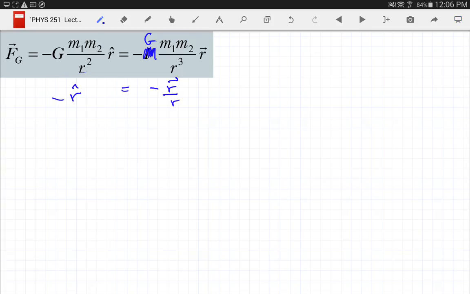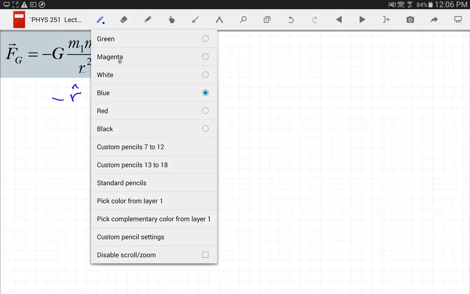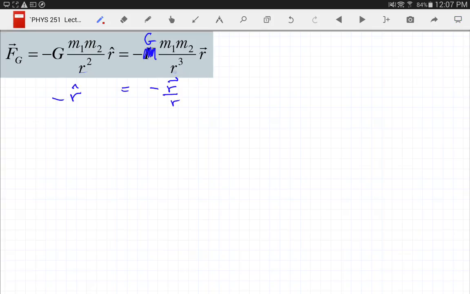We prefer it because we can see it's inversely proportional to the separation squared. If you look at the one on the right, you might forget that it has an r on top and think that it's inversely proportional to separation cubed. So that's why that's not generally the preferred way of writing. I wrote it both ways because different textbooks have it both ways.